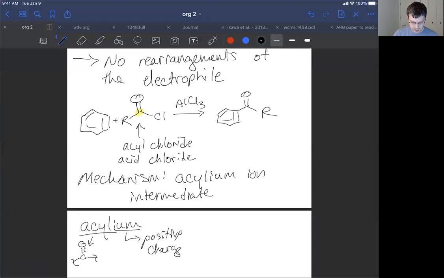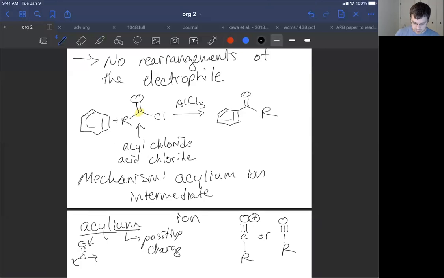Okay, acylium ion. Now the acylium ion is an oxygen triple bonded to a carbon that's attached to the R group. I show that carbon as being linearized because it has a triple bond, right? And we put a plus charge onto the oxygen atom. Or you could draw it this way, where you've got a break between the triple bond and the single bond, designating where the carbon is.